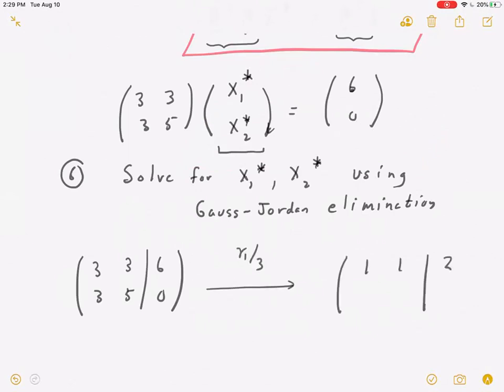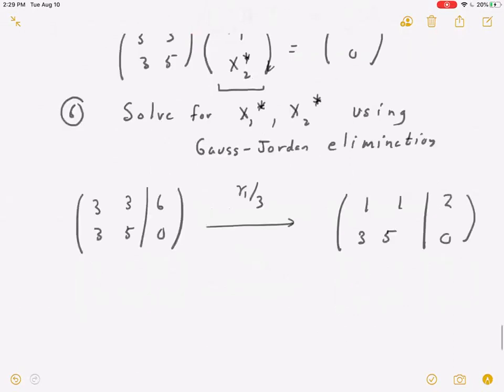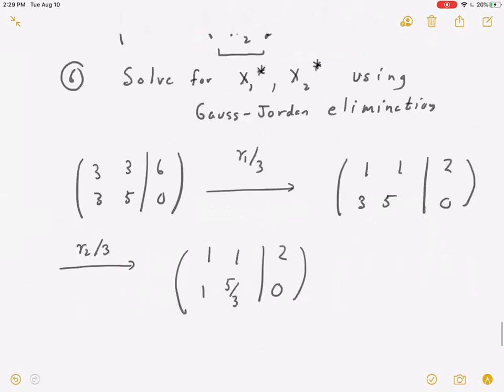I'll get the following 2 by 3 matrix, and I get a leading 1 in the first row. The next thing I want to do is take row 2. And row 1 is not changed, but row 2 is changed.